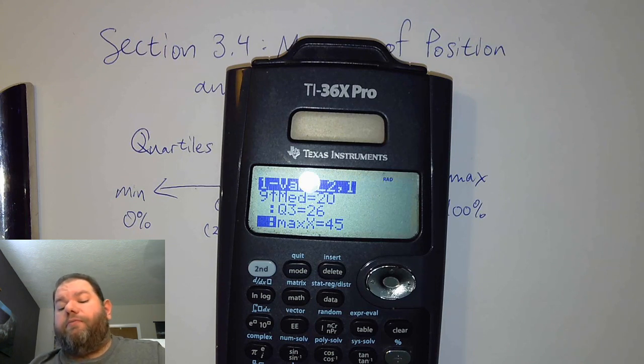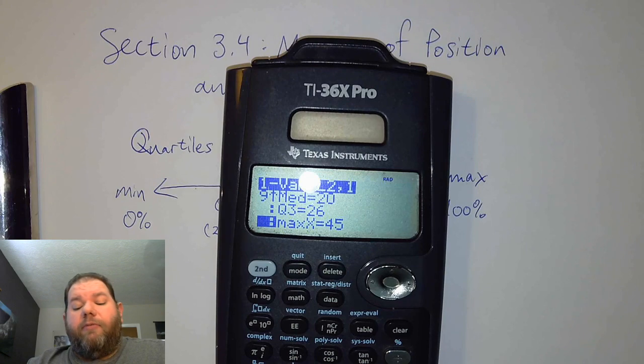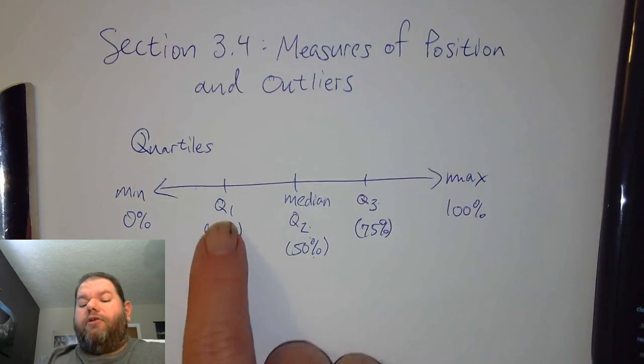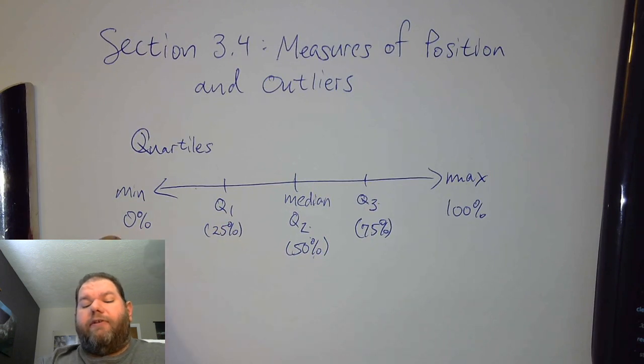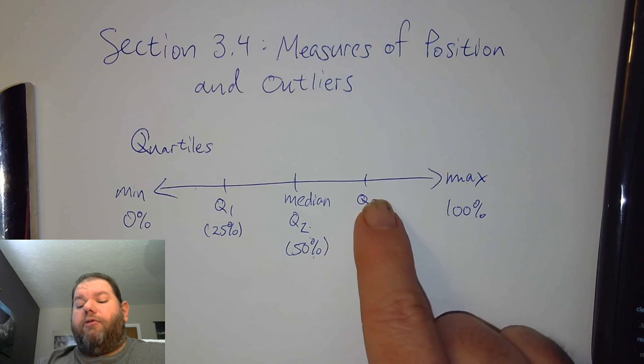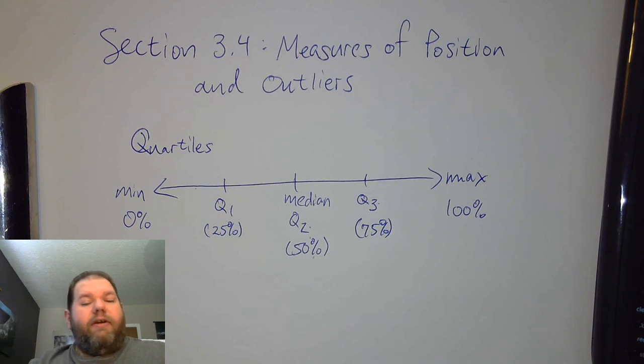In that regard, the percentile or the quartile tells us how much data is to the left of that number. So Q1 means 25% of the data is to the left. Median, 50% is to the left. Q3, 75% of the data is to the left, and the maximum, 100% of the data is to the left, including itself in those calculations.